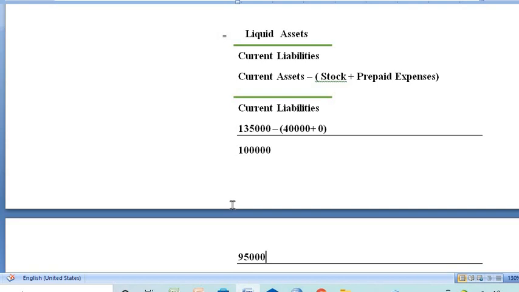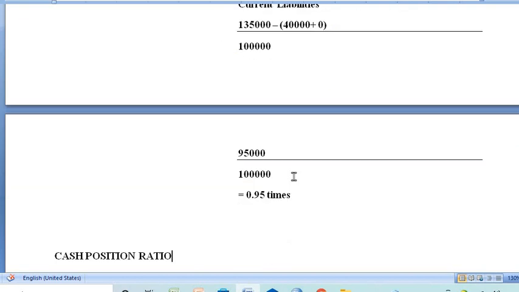From that we subtract the value of stock given in your balance sheet, 40,000. Prepaid expense is not given in the question, that's why I am substituting 0 here. From 1,35,000, if you subtract 40,000, I am getting 90,000. Then the current liability is 1 lakh rupees, so dividing by 1 lakh, I am getting 0.95 times.